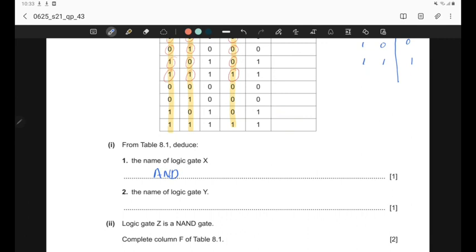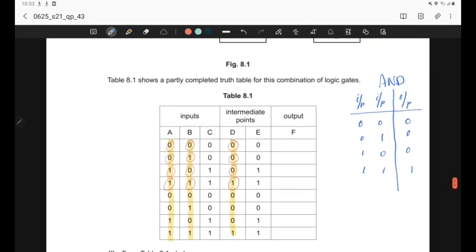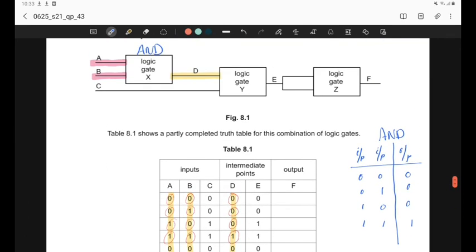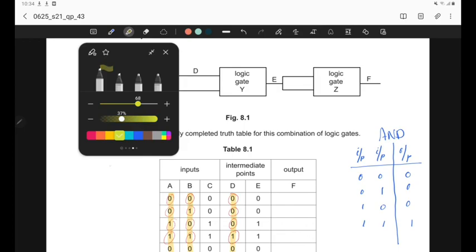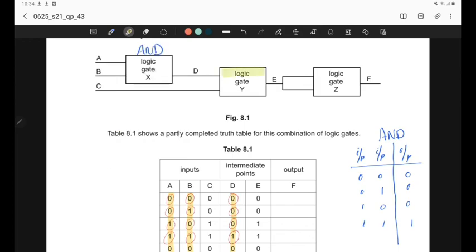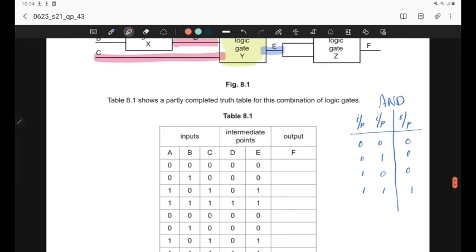Next one, the name of logic gate Y. So we can again look at the figure. Now we need to check the logic gate Y. For this logic gate, we can check the inputs where D is one of the inputs and C is the other input, and output is E. So we can see the truth table again that D and C are the inputs here.